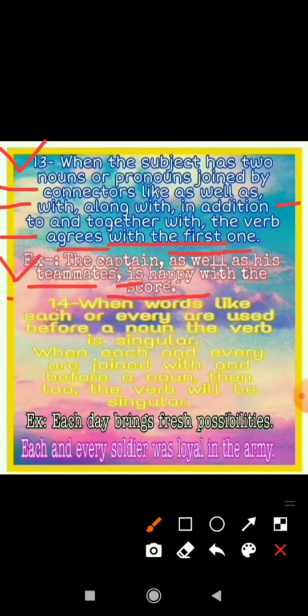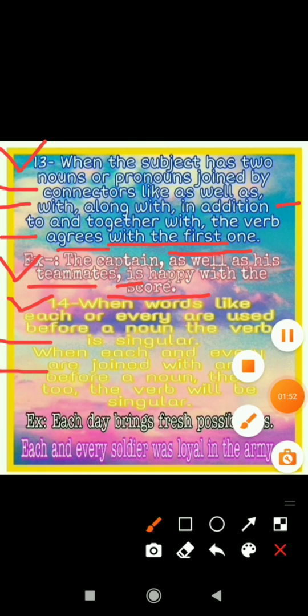Rule number 14 is when words like each or every are used before a noun, the verb is singular. When each and every are joined with and before a noun, then too the verb will be singular. So when words like each and every are used before a noun, at that time we will use a singular verb, and when each and every are joined with and used before a noun, then also we will use a singular verb only.